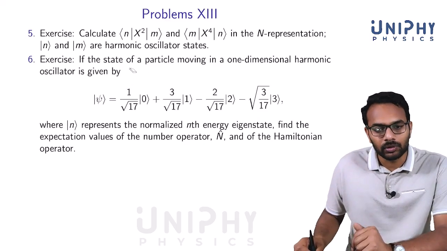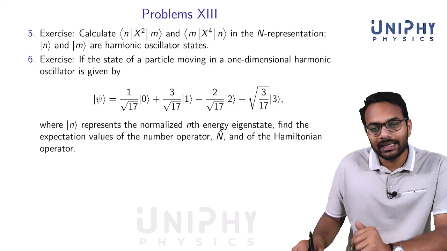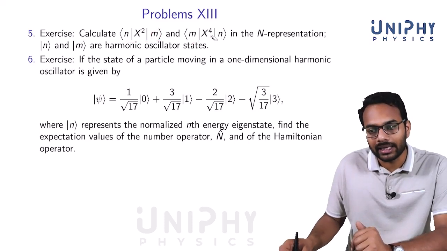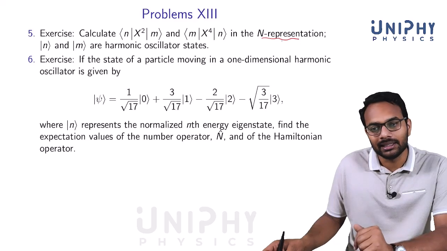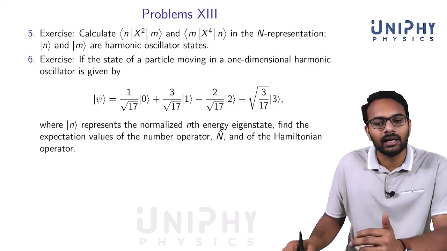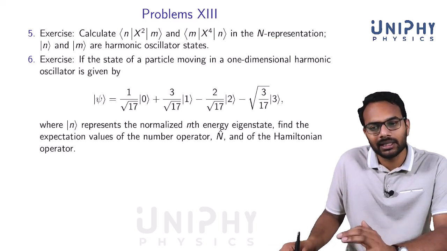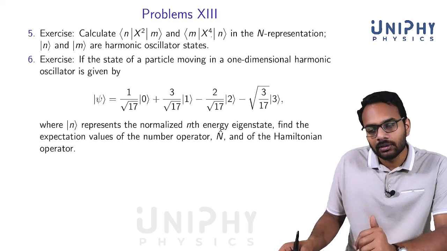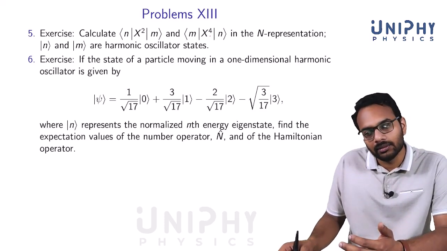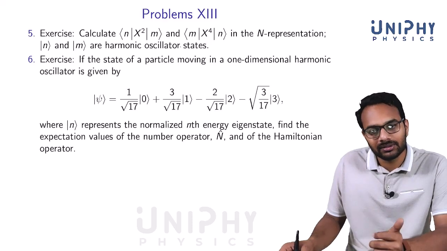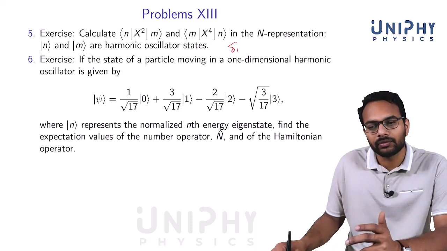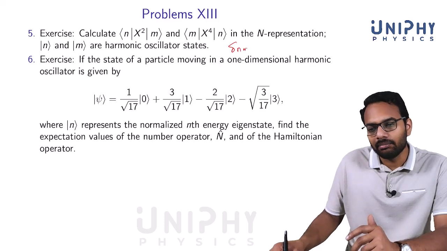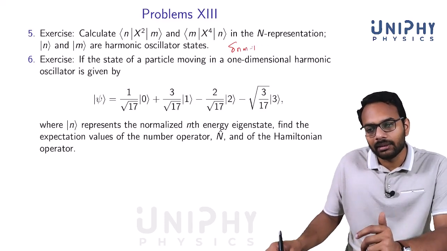There are 2 more exercises here. Calculate <n|x^2|m> and <n|x^4|m> in the n representation, where n and m are harmonic oscillator states. Right. So, you can either use a brute force method here or introduce an identity operator in between as before. All right, you will get the answer in terms of Kronecker deltas, something like delta n, m minus 1, etc., or m minus 2.